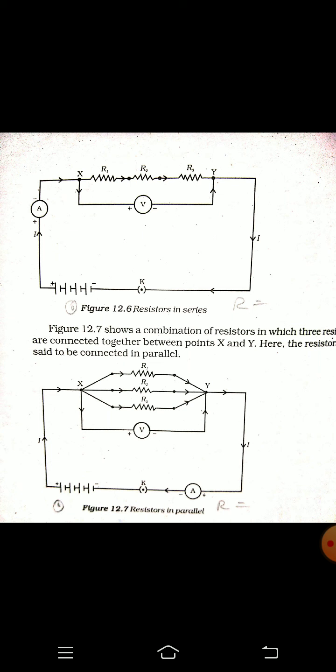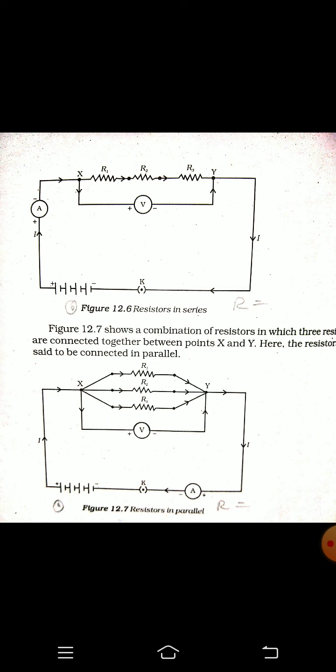Let us refer to figure number 12.7. This shows a combination of resistors. Here also three resistors are there, R1, R2 and R3. How are they connected? They are connected together between points X and Y. As you see in the figure, they are connected parallel to each other. We all know the concept of parallel lines in maths, right?